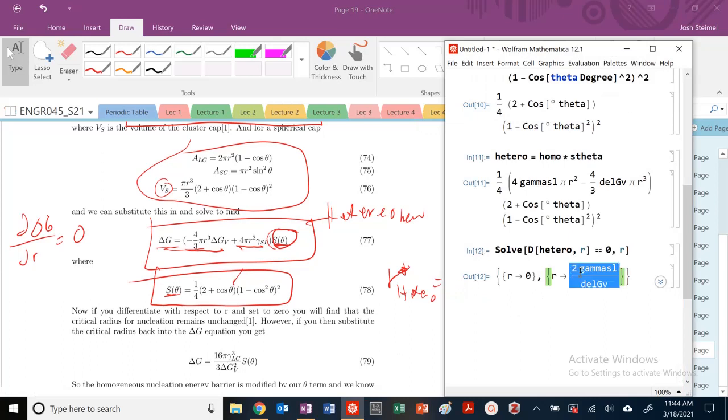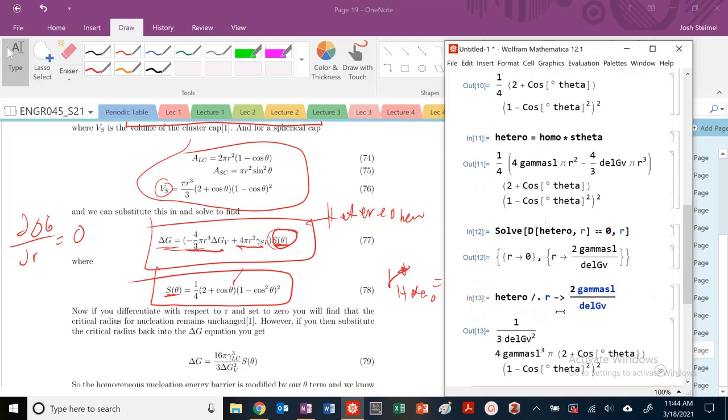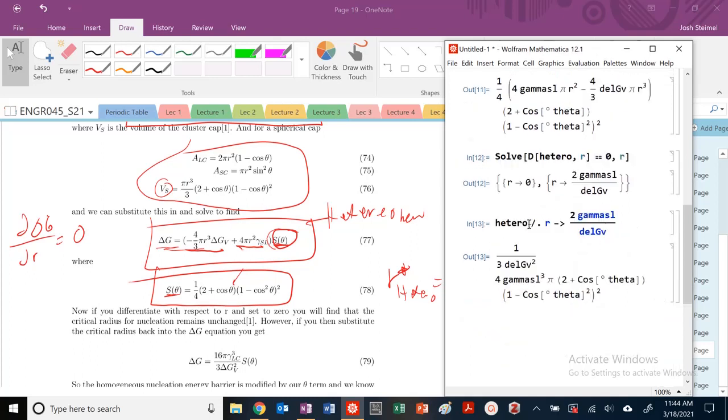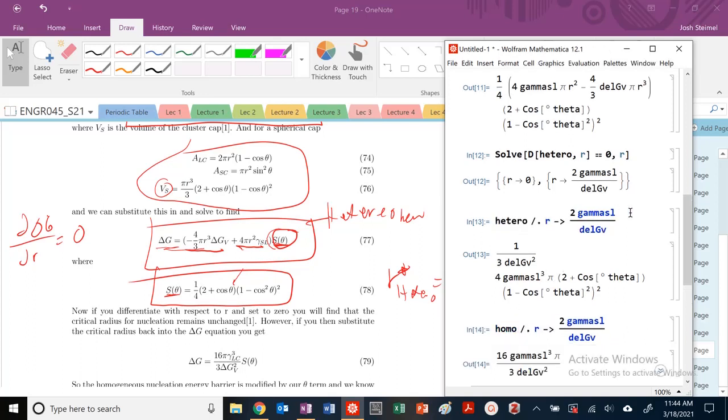So now I could do hetero with r going to this value right here, and I could do my homo value right here. So let's go ahead and just do full simplify.